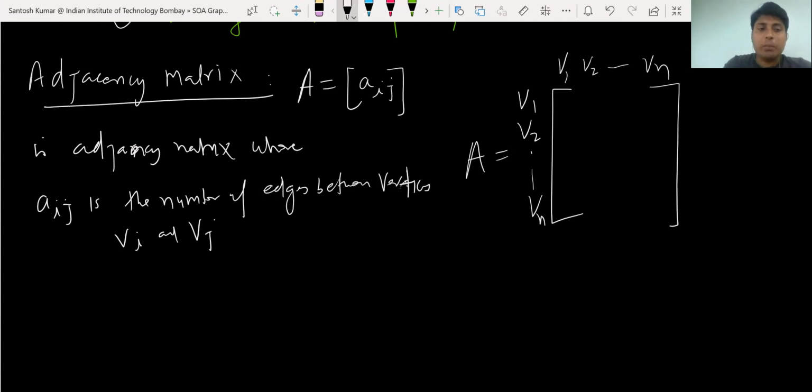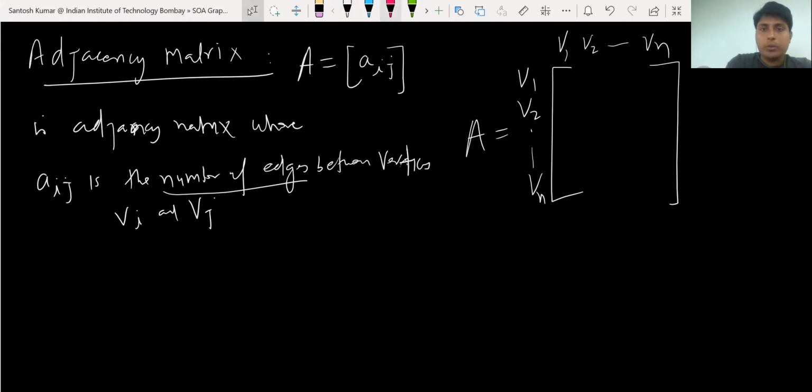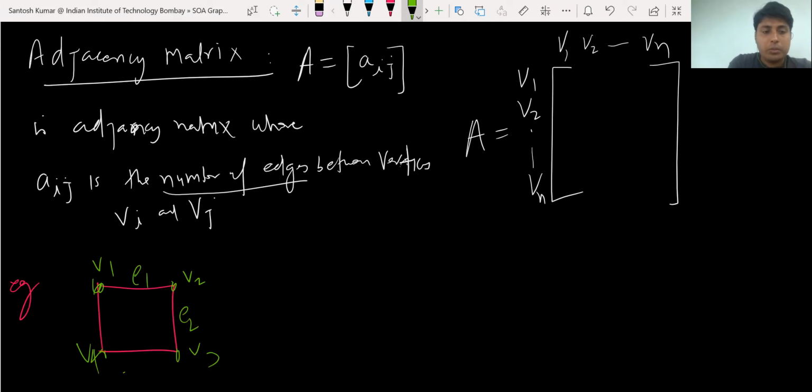So Aij is the number of edges between vertices Vi and Vj. Okay, let's understand this by example, like we have made for the last example. Consider this one, with V1, V2, V3, V4 and E1, E2, E3, E4.